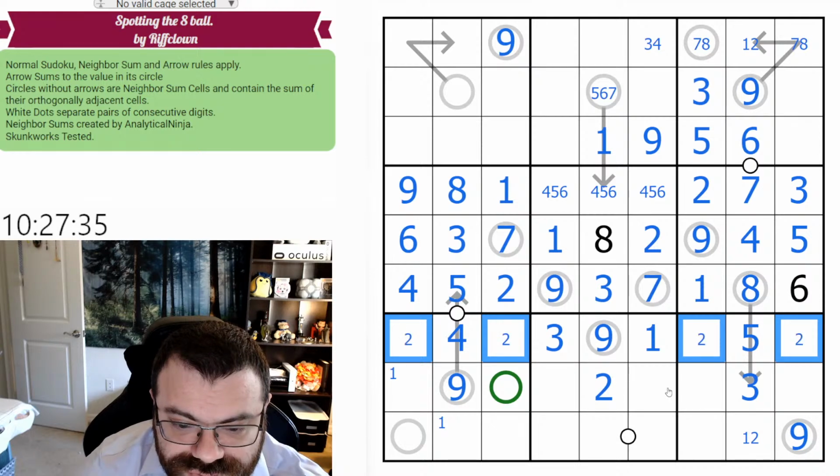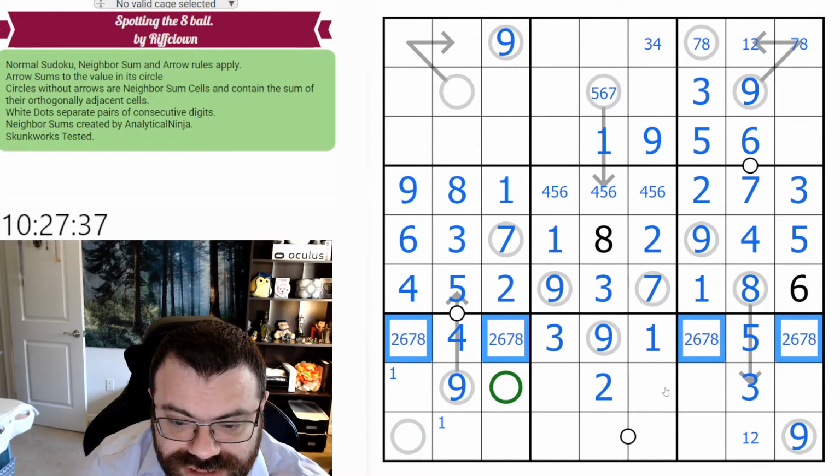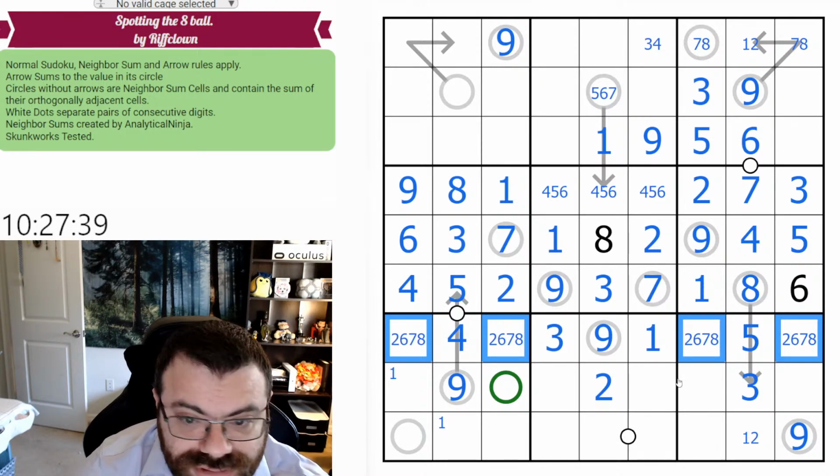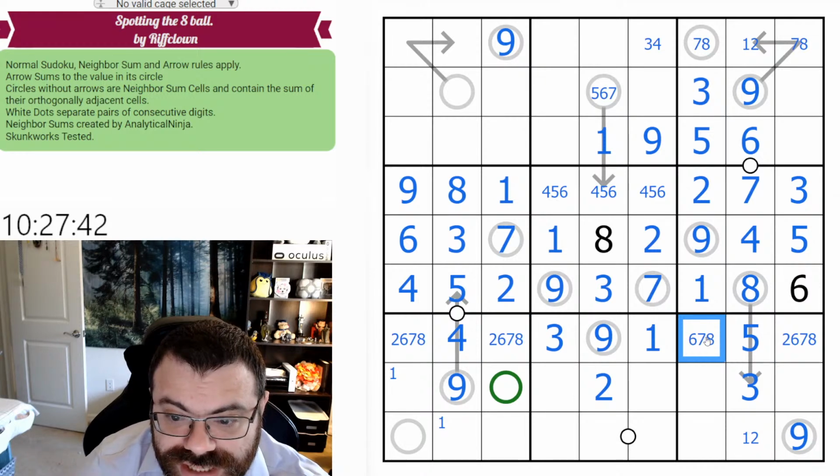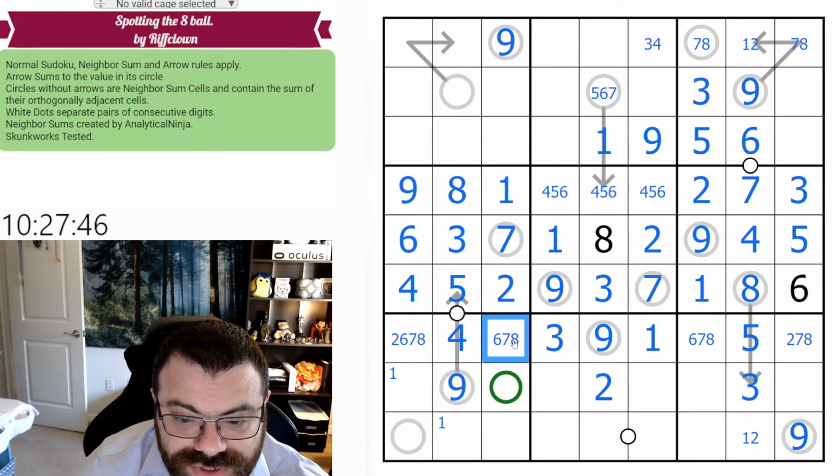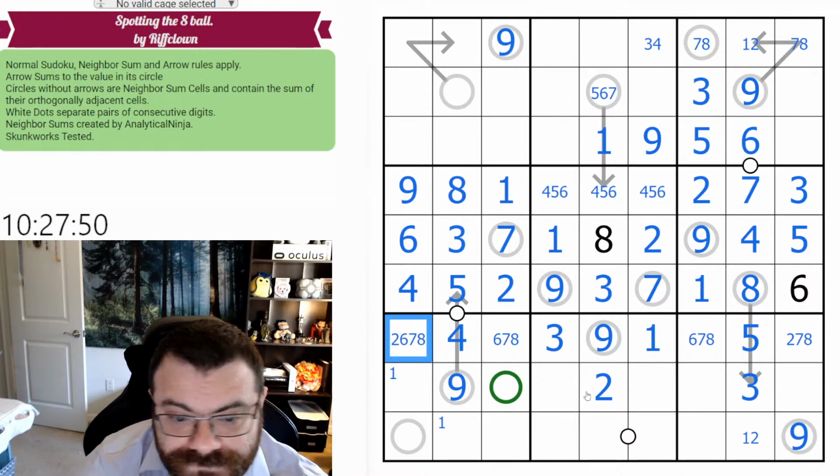So this row needs a 2, 6, 7, 8. That can't be 2, that can't be 6. That can't be 2. I think that's it.